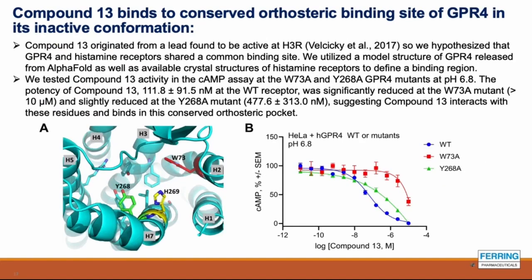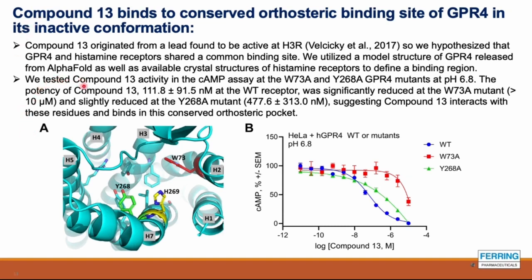And as I mentioned before, compound 13 did behave as an orthosteric antagonist, right-shifting the pH curve to the right, its potency being dramatically decreased in presence of low pH condition. So we hypothesized that compound 13 could bind to the conserved orthosteric binding site.